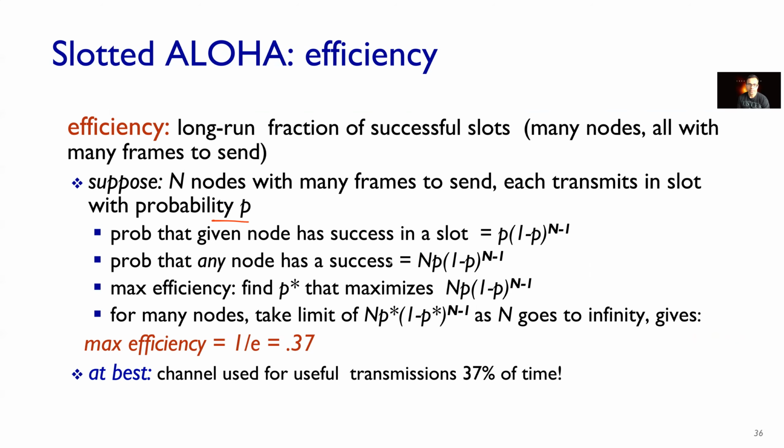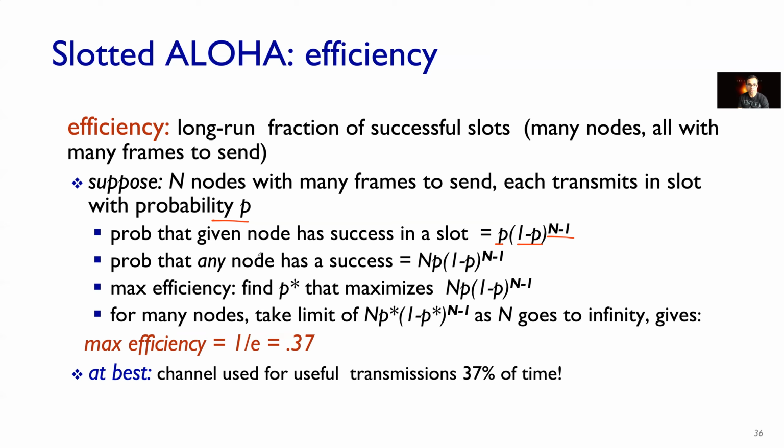So the probability that a node is successful in a particular slot is that that particular node transmits and the other n-1 nodes shut up, right? So they are not transmitting. If the probability of transmission is P, the probability of not transmitting is 1 minus P, right? So it's basically P times (1 minus P) to the power n-1, because all the n-1 nodes are not transmitting.